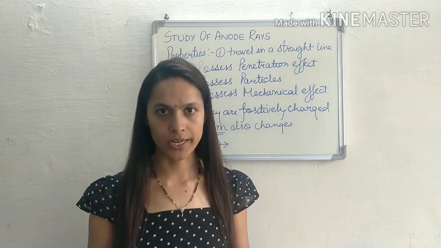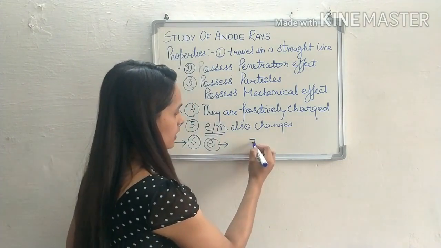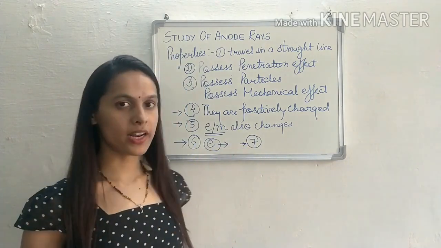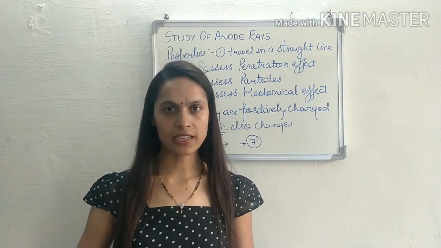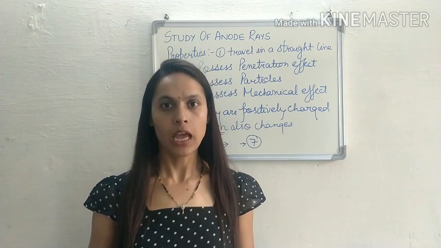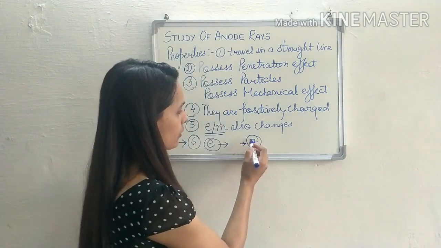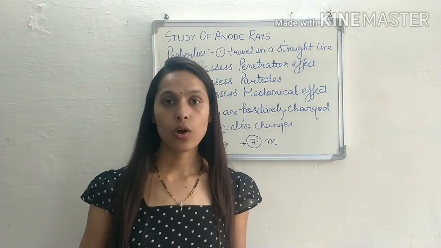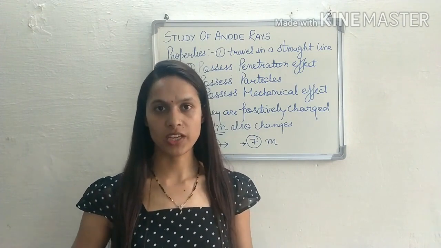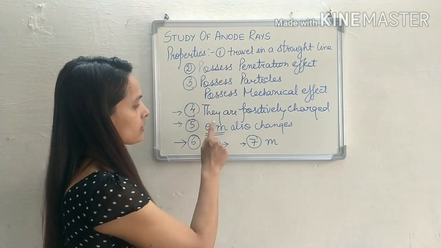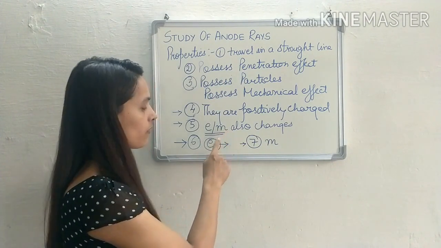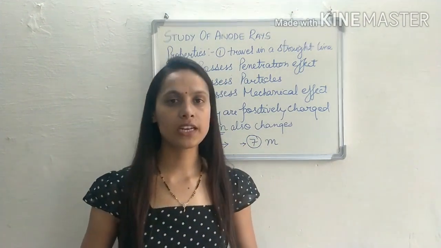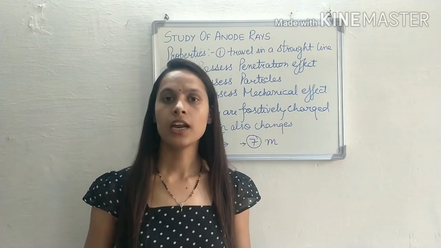Clear? Now, seventh is also a difference, that in case of cathode rays, the mass of cathode ray particles remains same for each gas. But if we are talking about the anode rays, the mass of the anode rays also changes with the change in the gas. It means in anode rays, the charge to mass ratio, the value of the charge and the value of the mass, all three depend on the nature of the gas which is taken in the discharge tube.